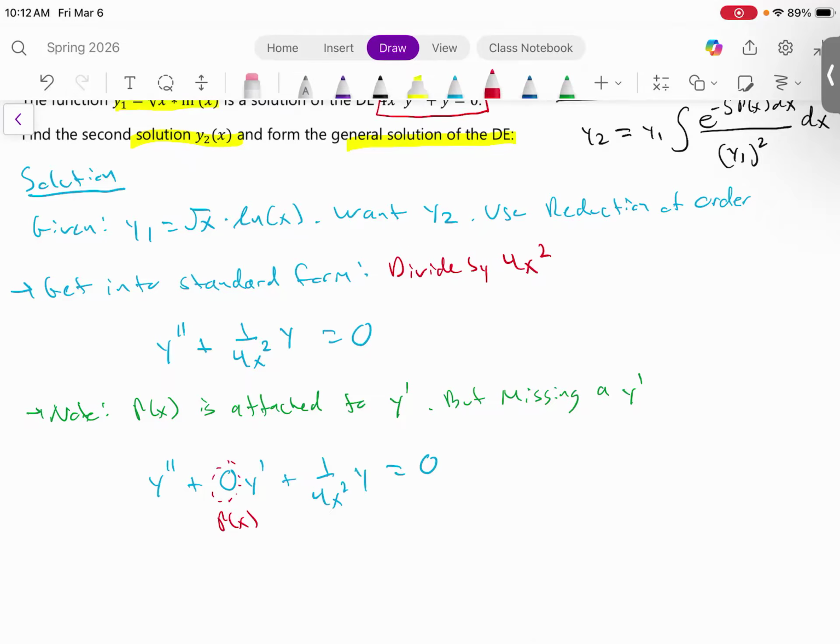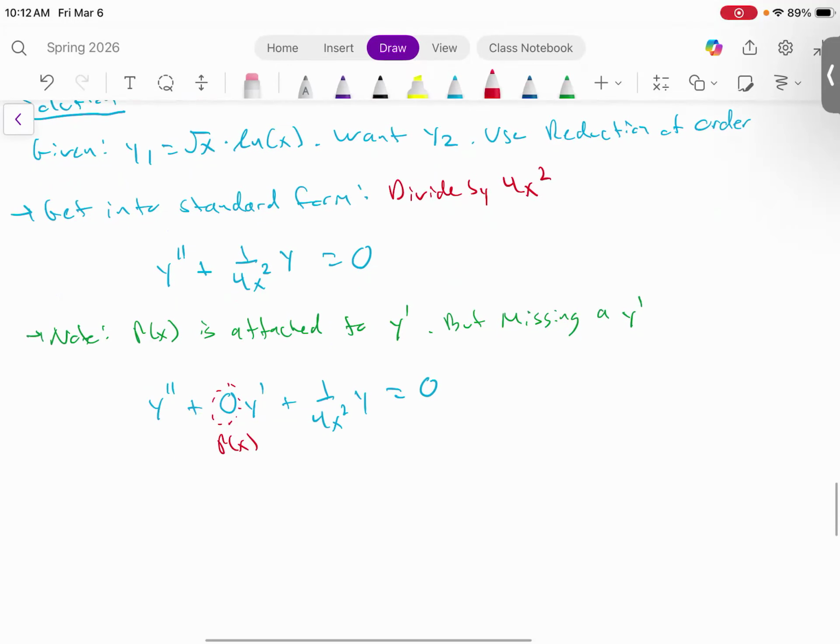And so I need to find my integrating factor for this question. It would be e to the negative integral of p of x dx. So I need to integrate the integral of 0 dx. And what is the integral of 0? Well, the integral of 0 is just going to be c. Why is that?